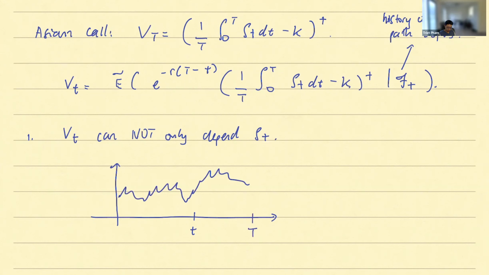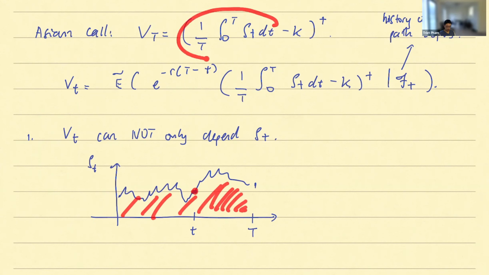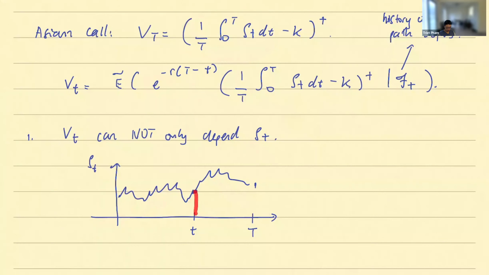If I only give you S_t, meaning I only give you this point right here, then of course at time big T, you cannot get the entire area under the curve. Given this point, you cannot know the entire area under the curve right here.